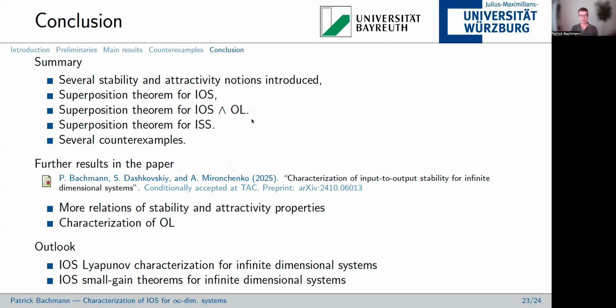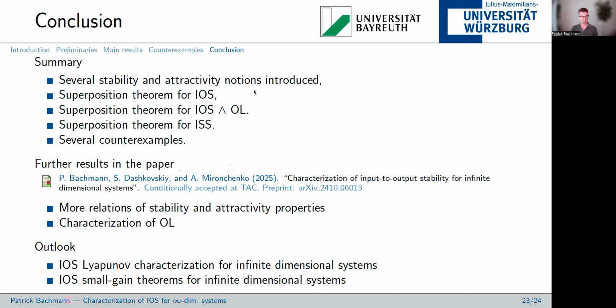So I'm coming to the summary of my talk. We introduced several stability and attractivity notions. I know that these were quite many. I tried to stick to the very important ones, but when you have a look in the paper, we still characterize some more properties, which might be interesting for you when you want to work in that area.